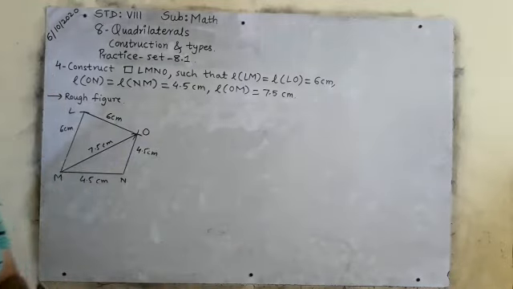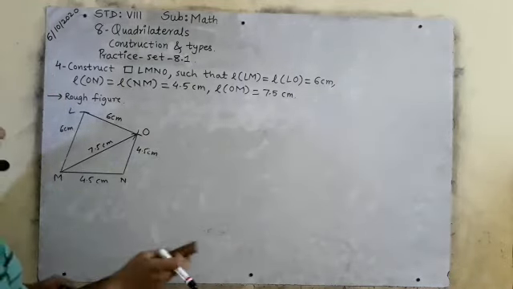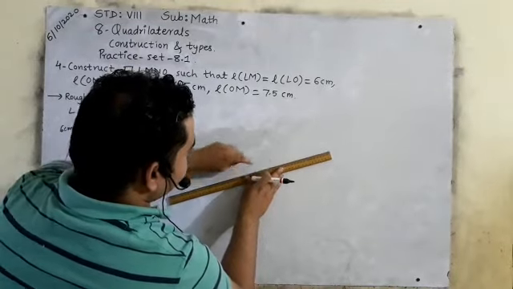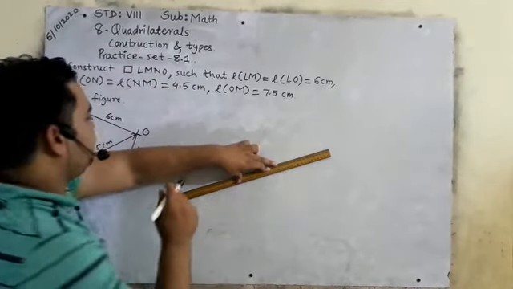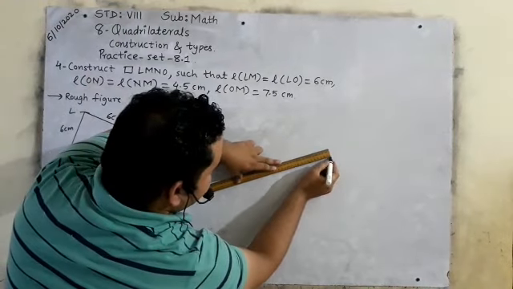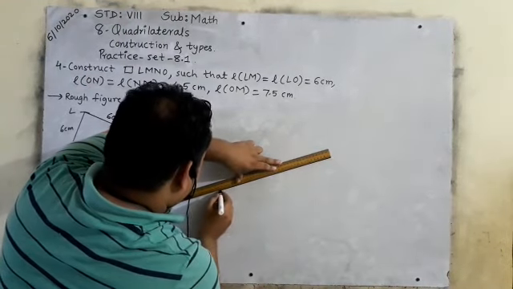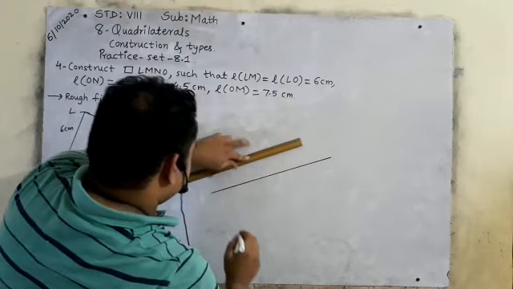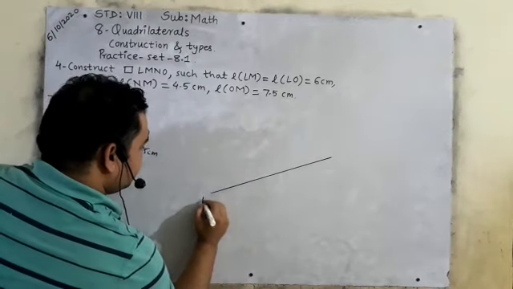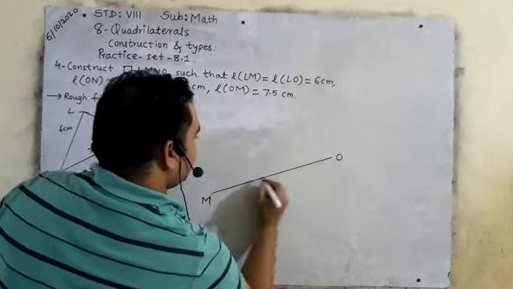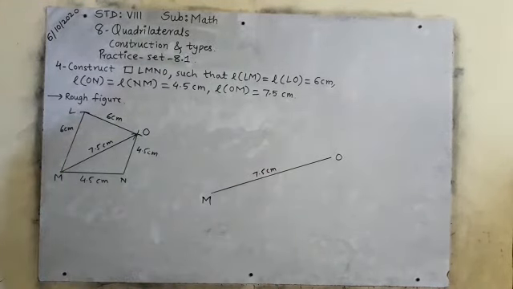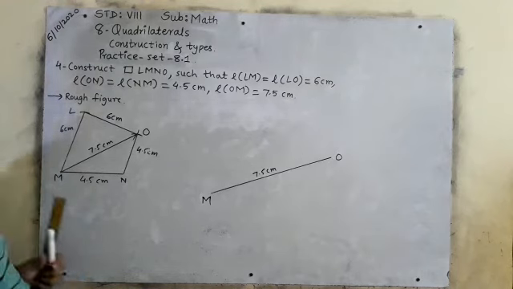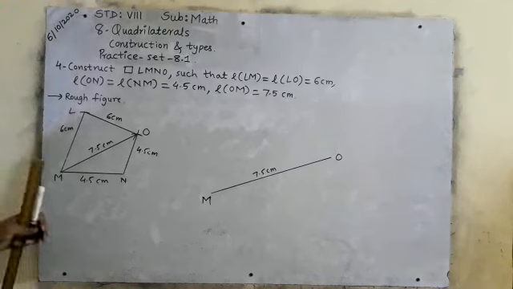See, MO is of how much centimeter? 7.5. So I will take MO 7.5. Look here, it is very much simple. So this is M and this is O, that is 7.5 centimeter. Okay, clear? Now ML is how much? 6 centimeter.